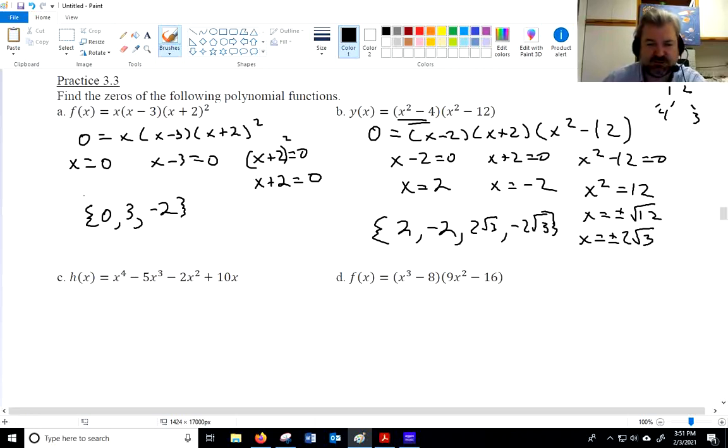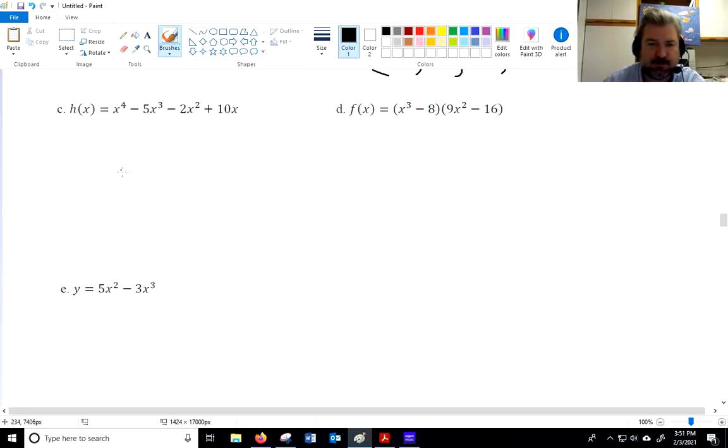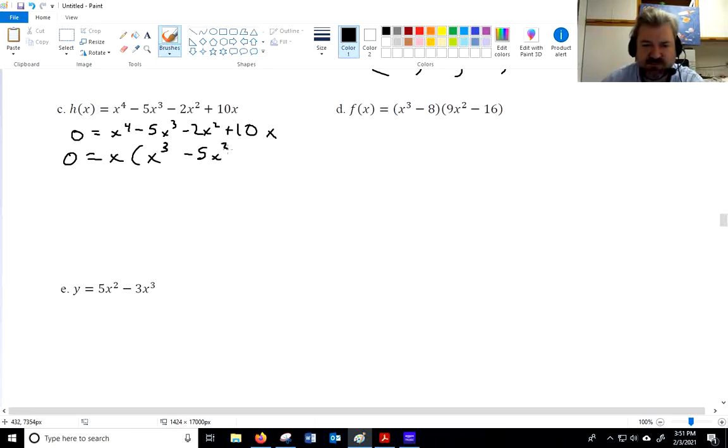All right, letter C, but h of x. Okay, so we're setting it equal to 0 because we're finding the zeros. Now, it looks like a pretty scary polynomial because it's got x to the fourth, but look, there's an x in all 4 terms. Let's factor it out. X cubed minus 5x squared minus 2x plus 10. Now that we've done that, we can factor this by grouping, I bet. So let's do that and make that plus a negative. So I get x squared out of the first group, giving me x minus 5.